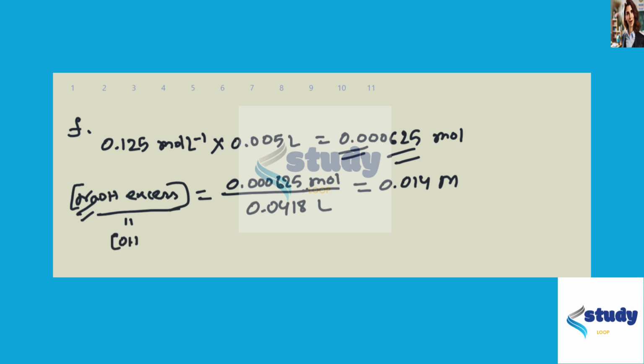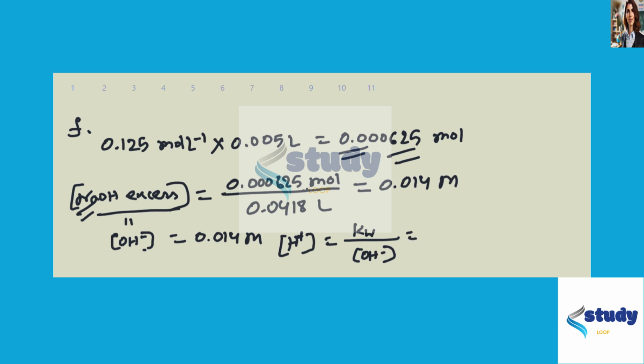Now, since sodium hydroxide is a strong base, the excess sodium hydroxide concentration will be basically the OH minus ion concentration at that point. So the OH minus ion concentration here is 0.014 molar. From here we can find the H plus ion concentration at that point, which will be simply the value of Kw over the OH minus concentration.